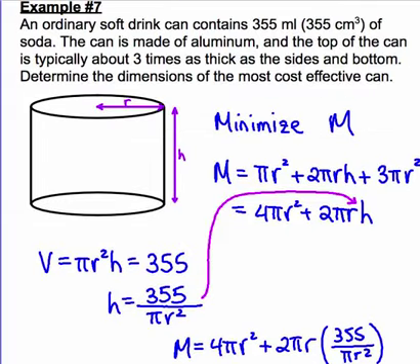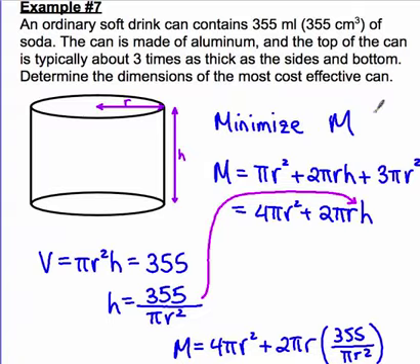And I can see as the radius gets closer and closer to 0, the height goes up towards infinity, which is going to use an infinite amount of metal. And likewise, as the radius extends out to infinity, even though the height is smaller, I'm going to still end up using an infinite amount of metal. I'm going to have an infinitely big top and bottom.